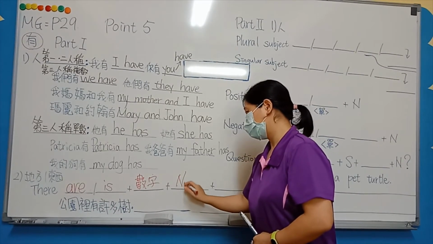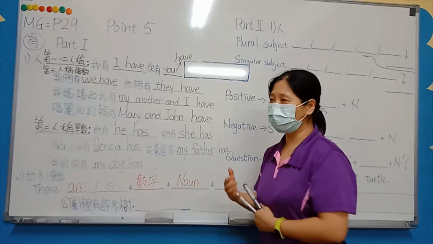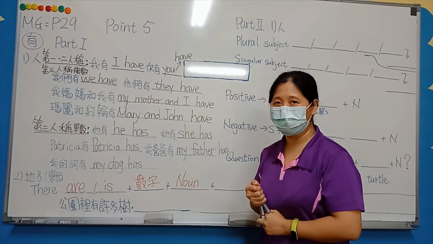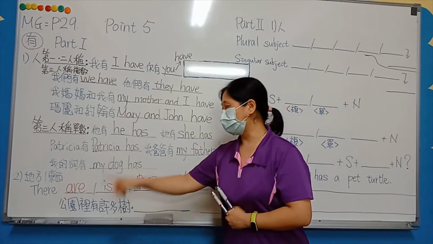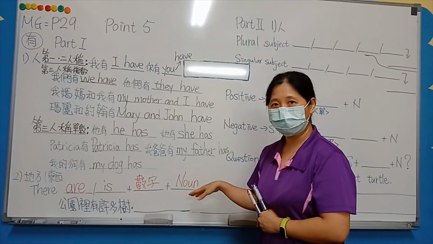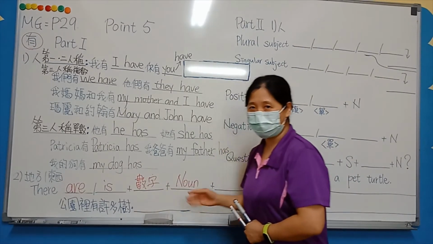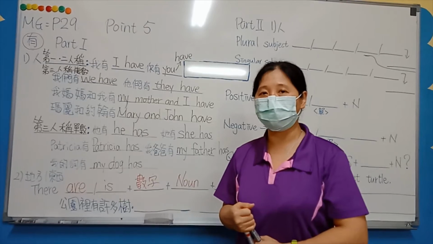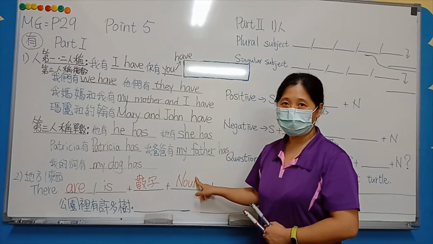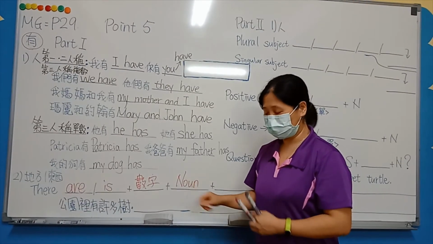Noun. Depends on your noun. For example, if I say 桌上有1颗苹果。So you need to say there is a or an because apple, okay? So there is an apple on the table. So here number, it depends on your noun.